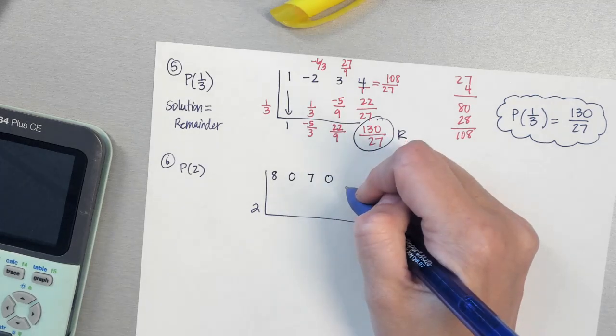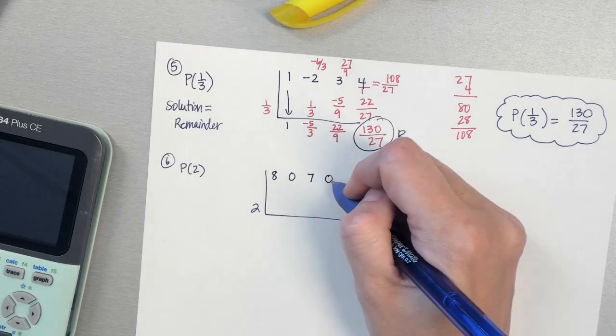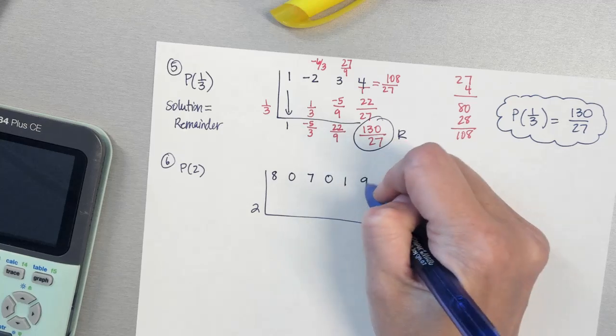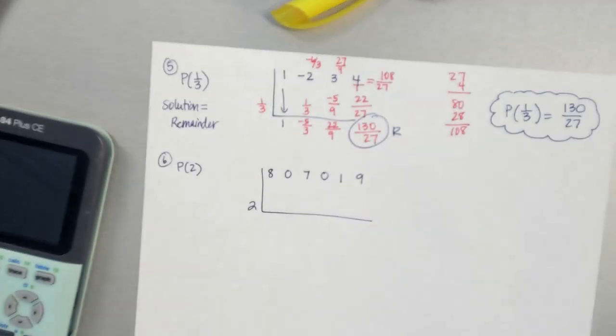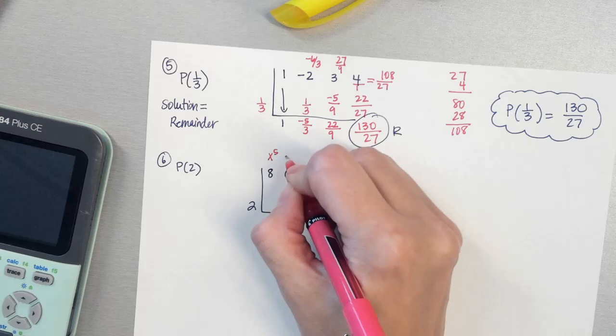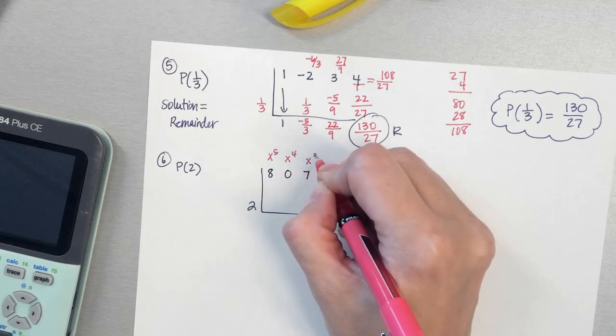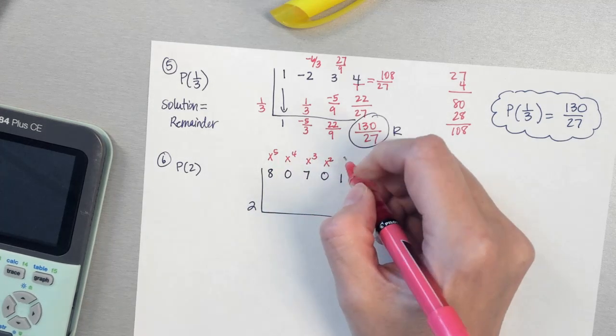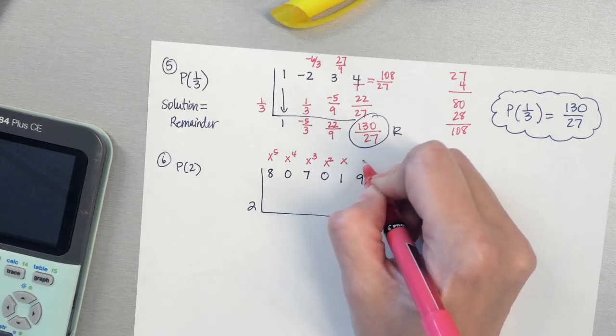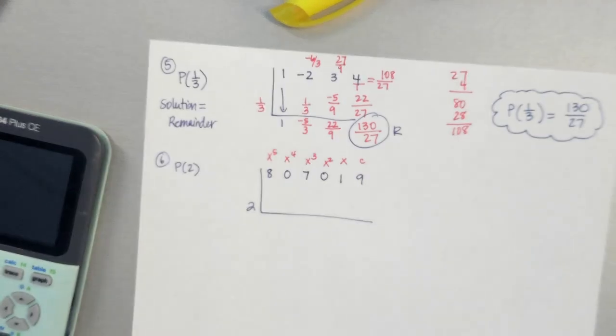Yeah, if you have x to the 3rd and then just x, you have to put a 0 in there for your x squared. So will you guys check your coefficients? Because this was x to the 5th, there was no x to the 4th. You had x cubed, no x squared, and then you had an x, and then you have the constant term.